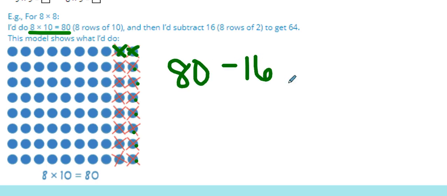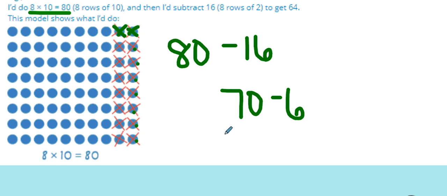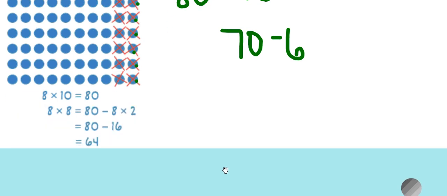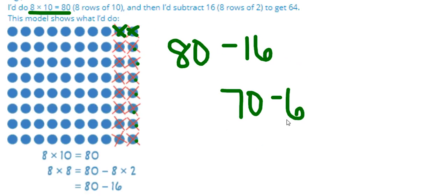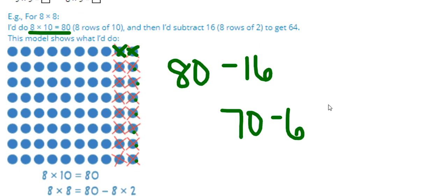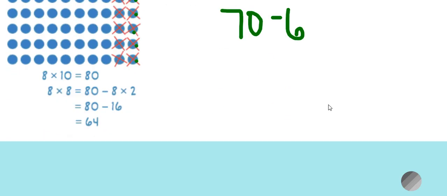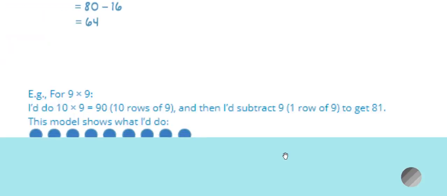We're getting rid of 16. Okay. If that's not easy math for you to do in your head, do it how we did it in school. Take away the 10 first. So now we're at 70. Okay, and 70 take away 6 is 64. I almost said 84. 64. Okay, so you can take away different groups as well.